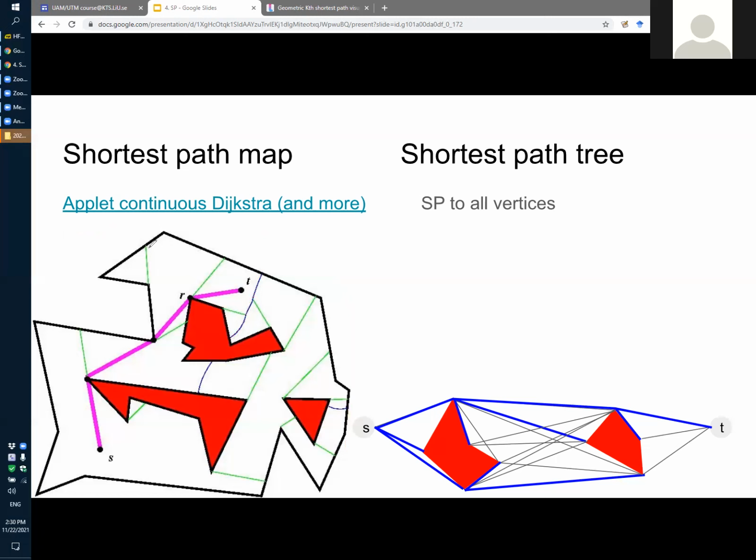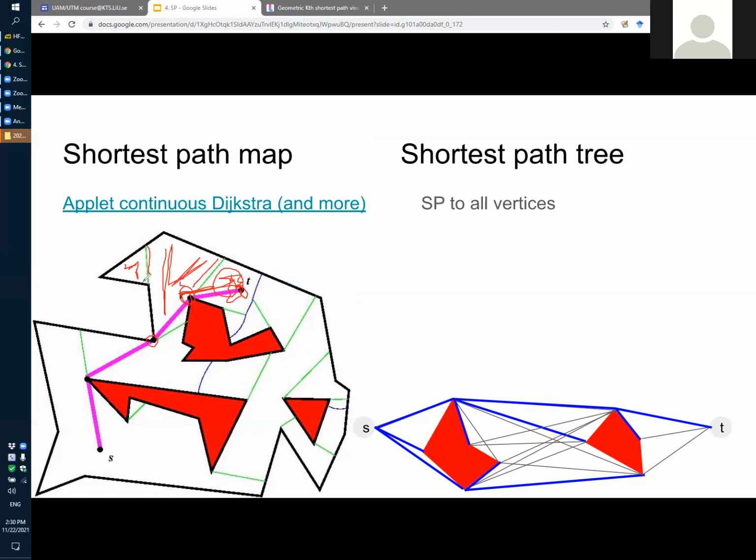And then there are also these green lines. Well, they more or less mark the places where the shortest path changes the last vertex before it gets to the final point. So anywhere in this cell, this vertex is the last vertex of the shortest path.